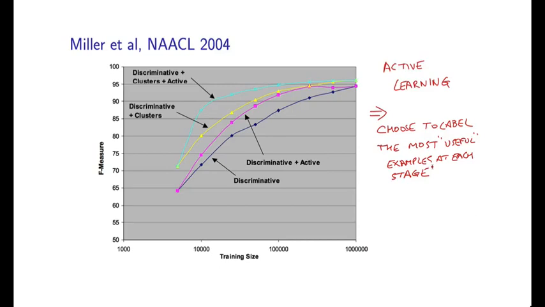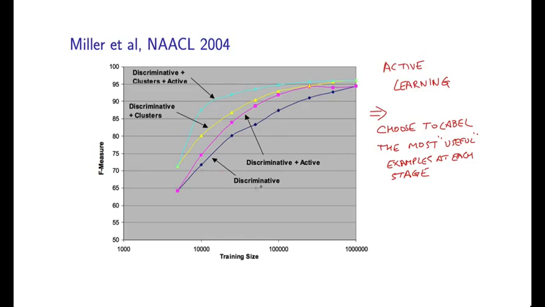And so in this way, rather than repeatedly labeling examples for which you already have a very good idea of what's going on, you choose examples which are more challenging and which essentially contain more information for the current learning algorithm. So that's active learning. It's the idea that you can dynamically select examples based on how informative they are. This is well known to give some pretty significant reductions in the amount of training data that's required.